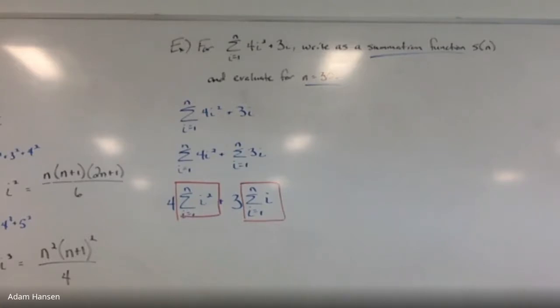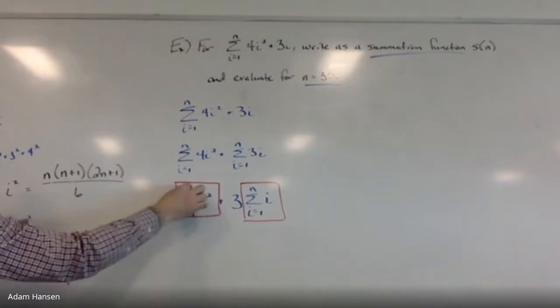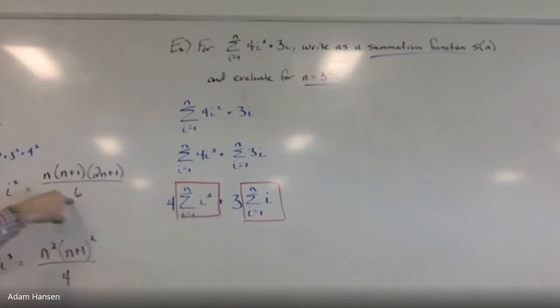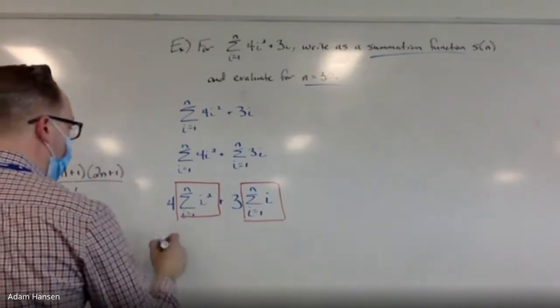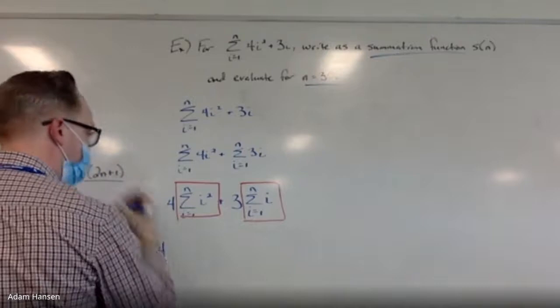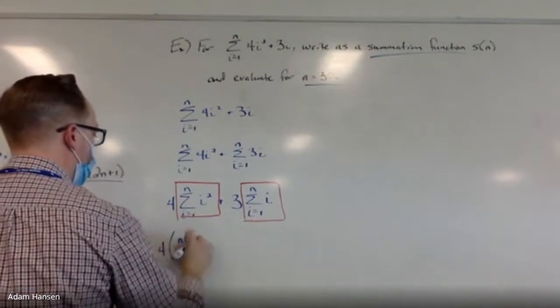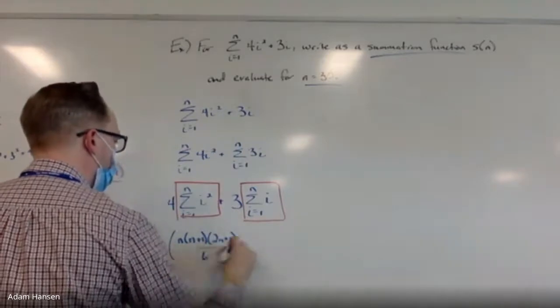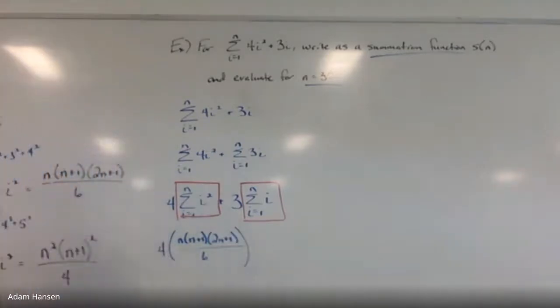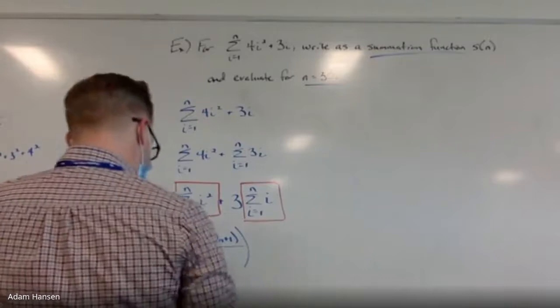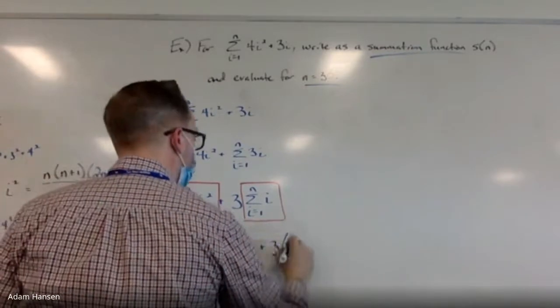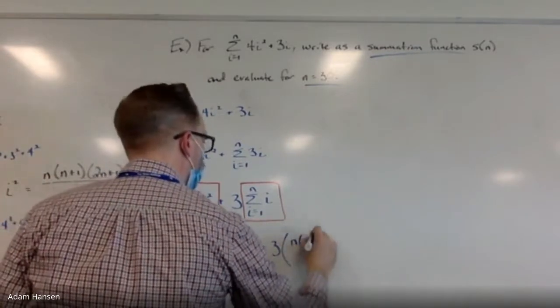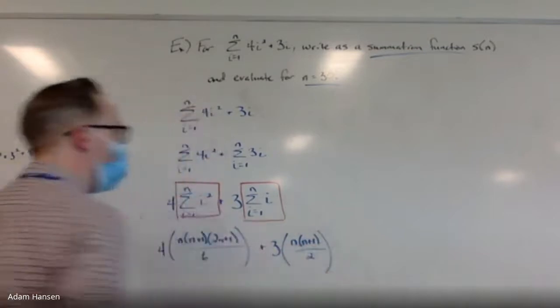I'm going to replace the summation of i squared with this expression here. So this should be 4 times n times (n plus 1)(2n plus 1) over 6, plus 3 times n times (n plus 1) over 2.